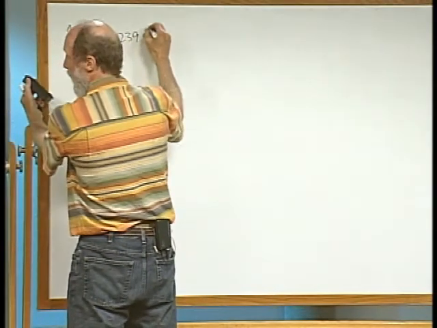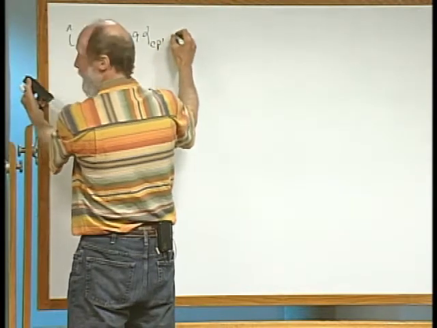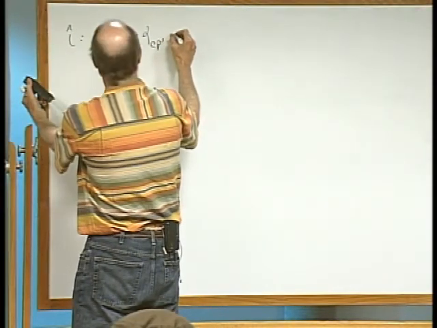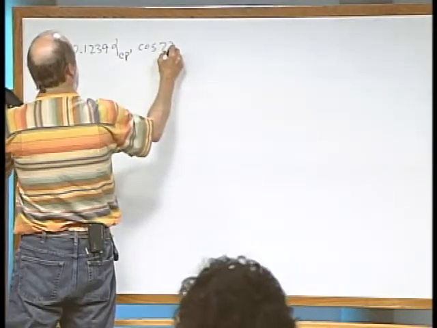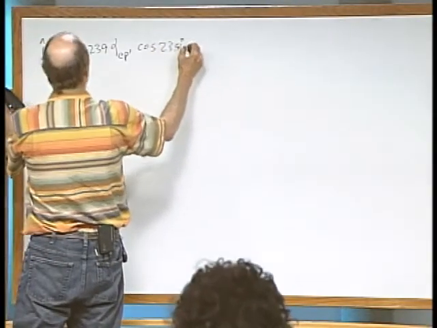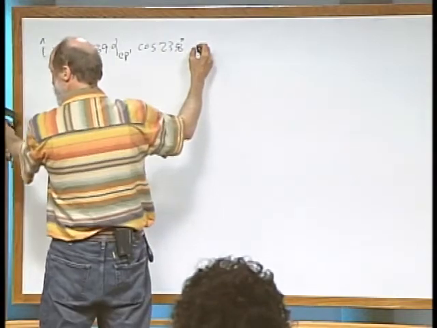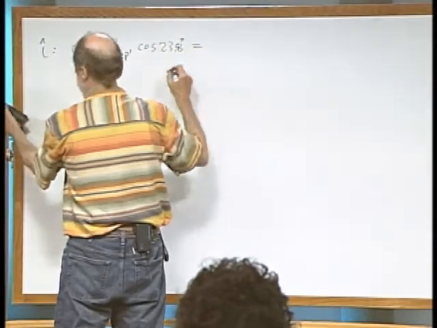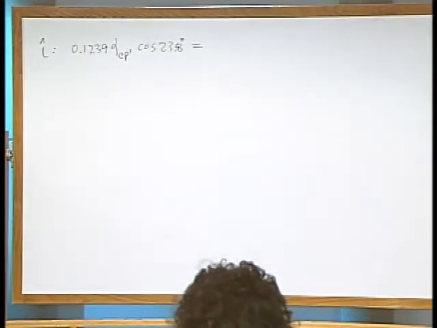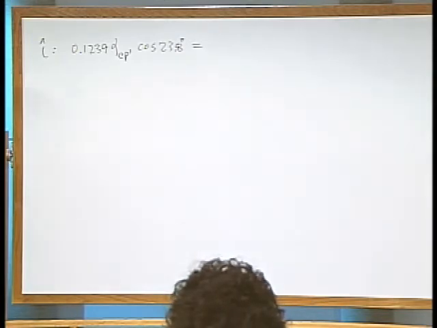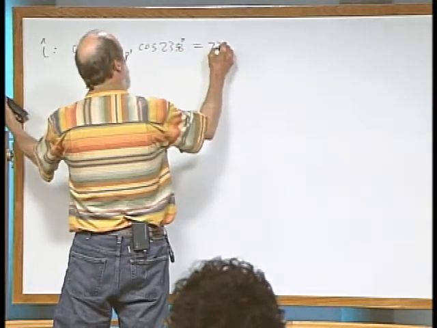0.1239, unknown alpha of CP prime, cosine of beta, but beta was 23.8 degrees, and that must be equal to the I stuff on the other side, which is going to be 15 times 15 is 225. 225 is 22.5 times a tenth there, 22.5.